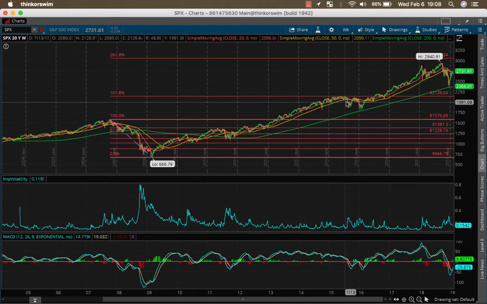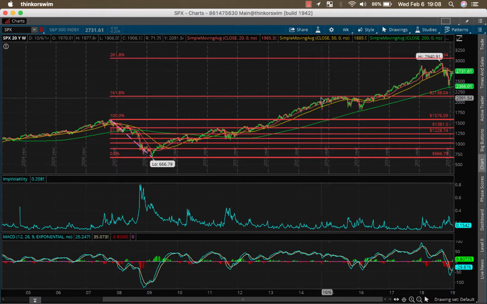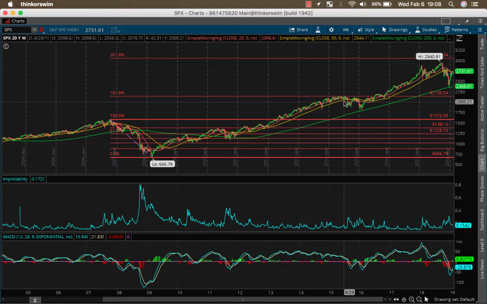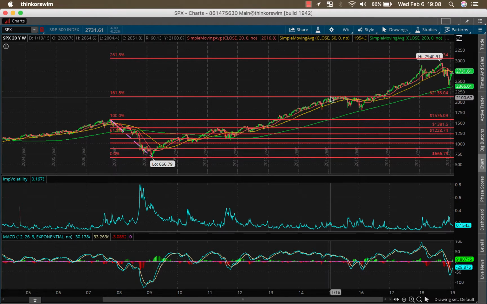All right, so we hit that golden ratio in the Fibonacci. And if you ever want to learn more about that, just Google it, and you'll find out that in nature and so forth, there's a whole bunch of things with that 161.8 ratio.